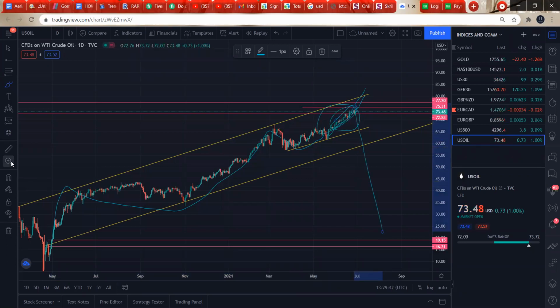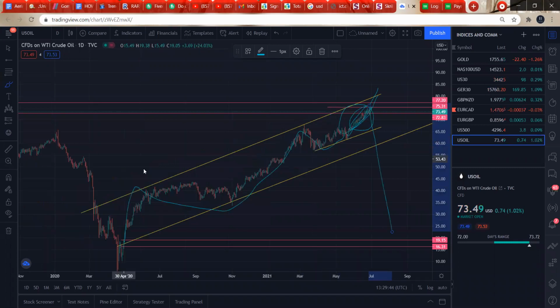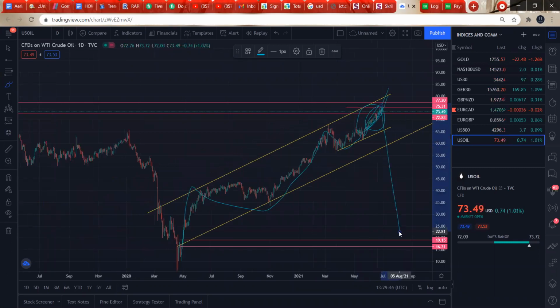We're expecting a move to the downside, a very big move to the downside. You saw how gold fell? The same thing that happened to gold is going to happen to oil. So it's still going to drop so much.